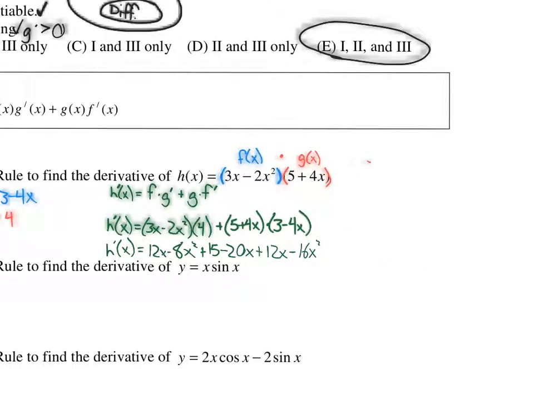And finally we get that derivative equal to negative 24x squared minus 4x plus 15. Okay, so there's our derivative.